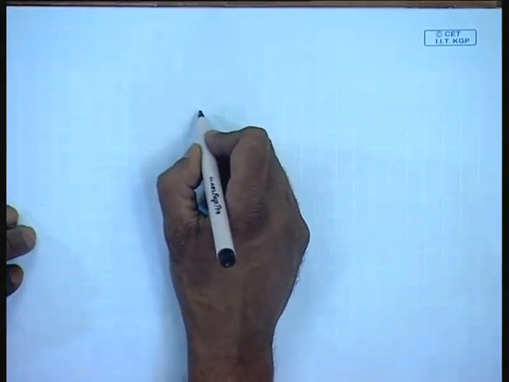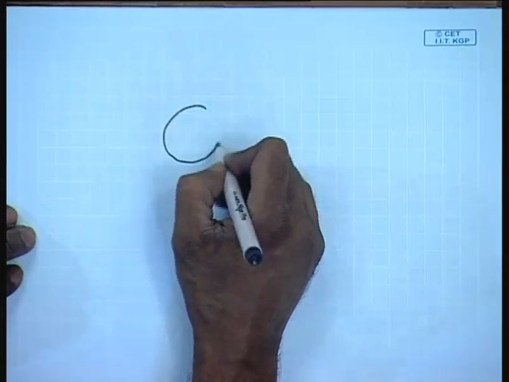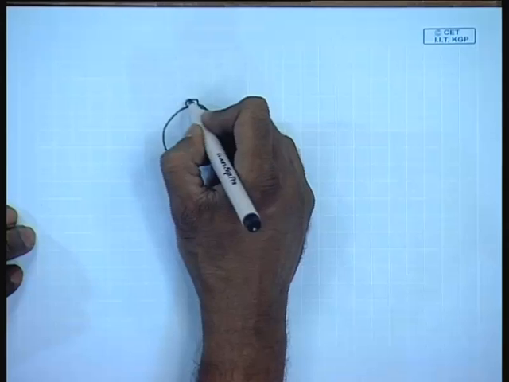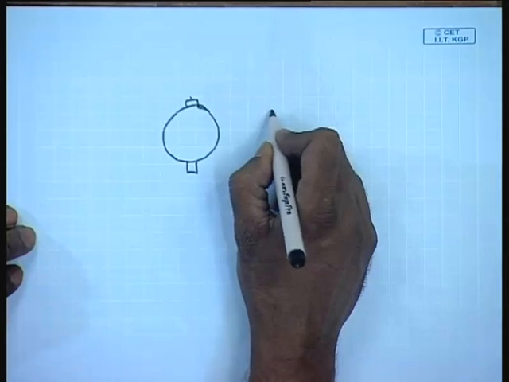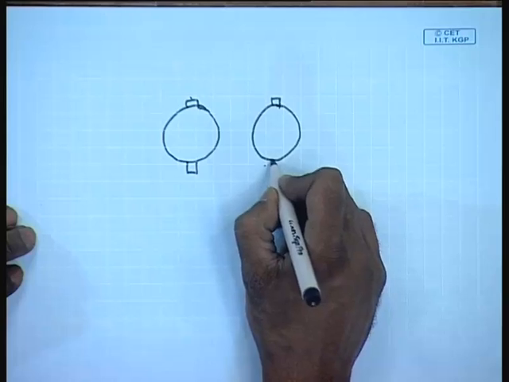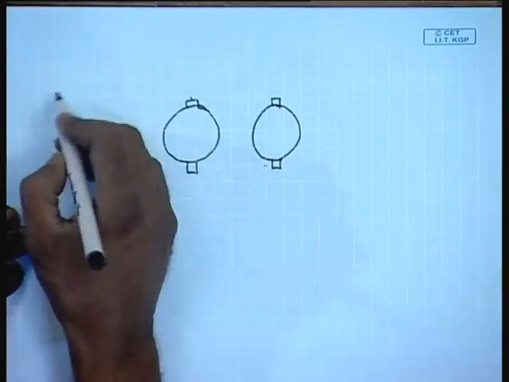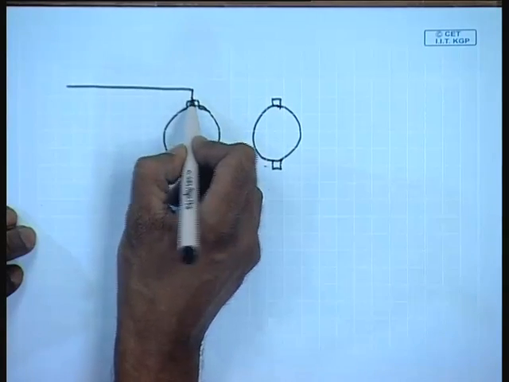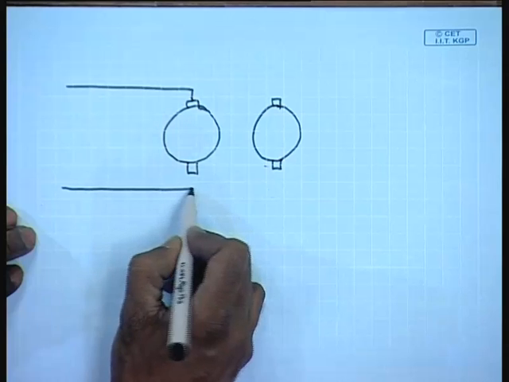Therefore, suppose now I connect two such machines back to back, mechanically coupled, and supply them from two DC sources.